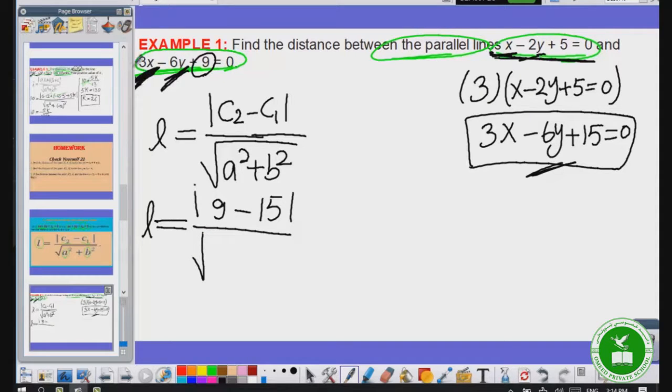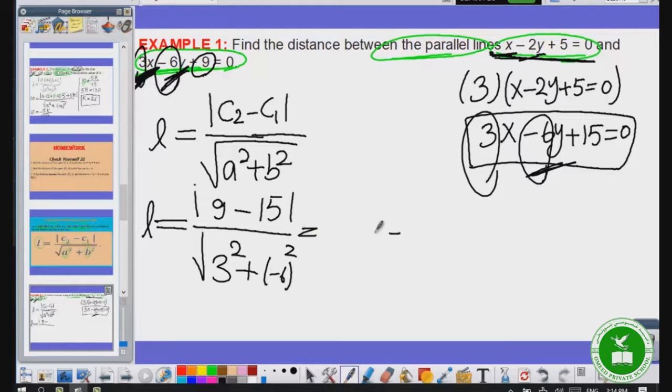A is 3 here, here also 3. So 3 square plus B square. B is the coefficient of y. Here it is minus 6, here also it is minus 6. So minus 6 square.